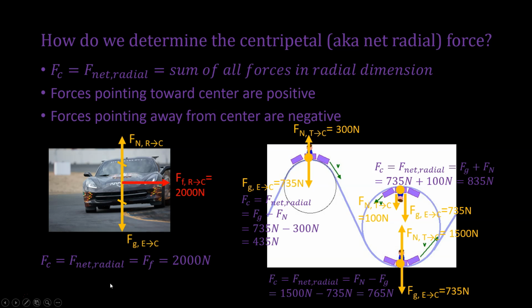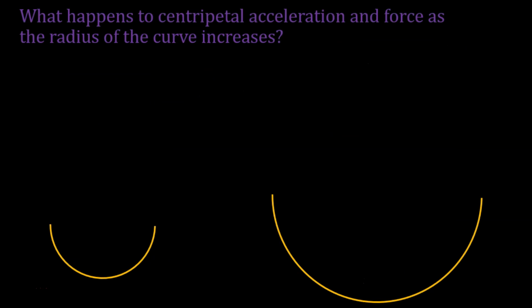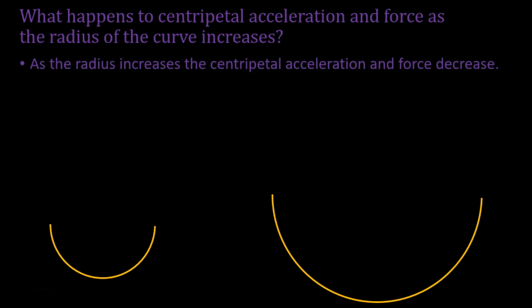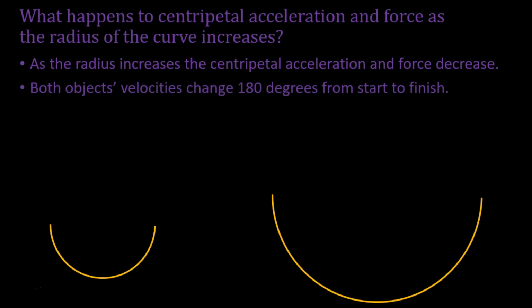Let's move on. What happens to centripetal acceleration and centripetal force as the radius of the curve increases? Well, as the radius increases, the centripetal acceleration and force decrease. And here's why. Let's look at our semicircles down below. We can see the one on the left has a small radius and the one on the right has a larger radius.